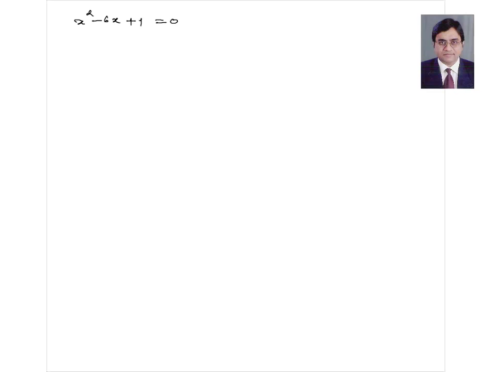If it is complex, then don't say real, rational, irrational. If it is complex, then just say complex. With complex, you can possibly attach complex conjugate. That's it.